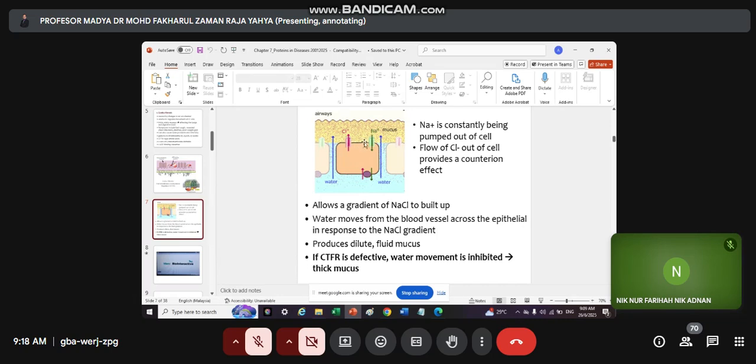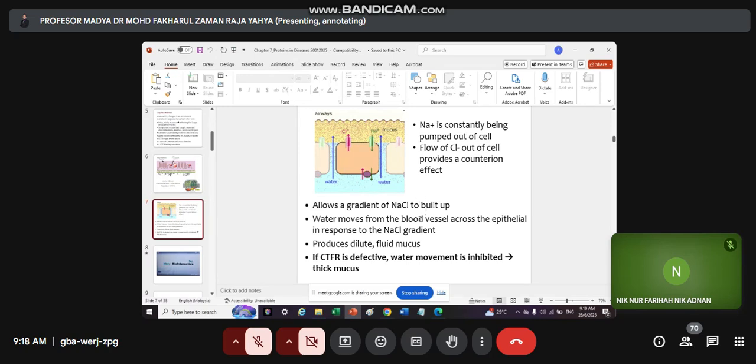Okay, the mucus is always produced in digestive tract and lung organ because it functions in protecting our organ function. The mucus itself is very important.